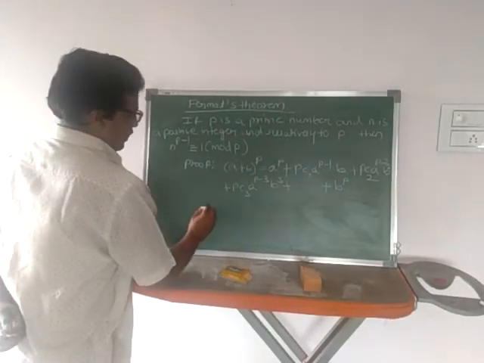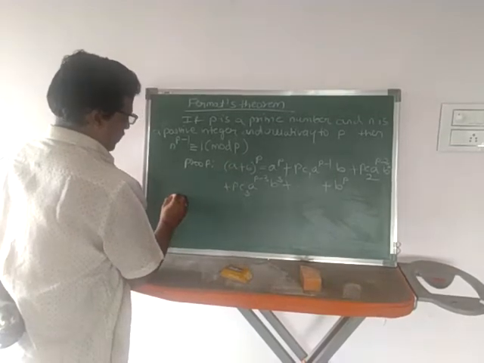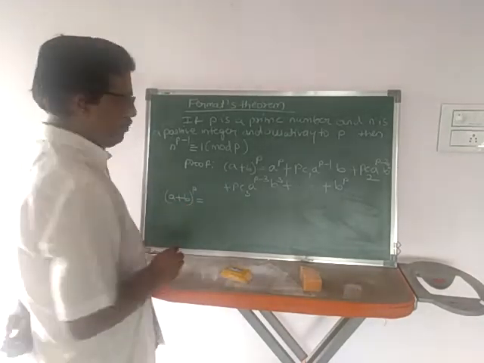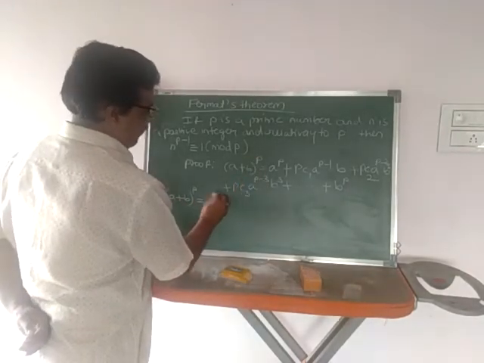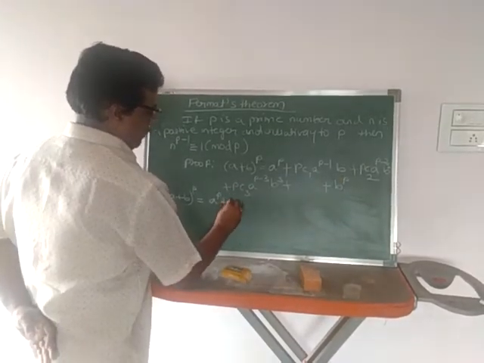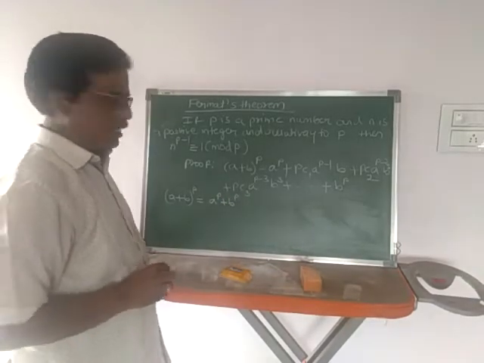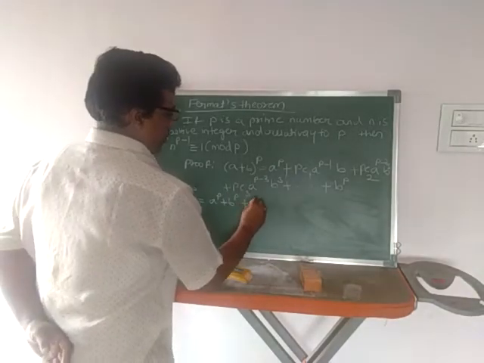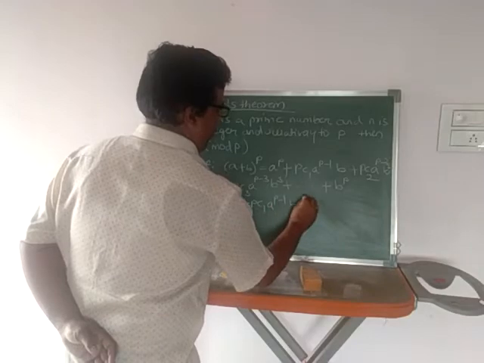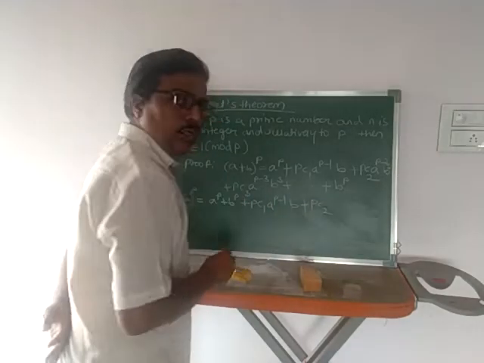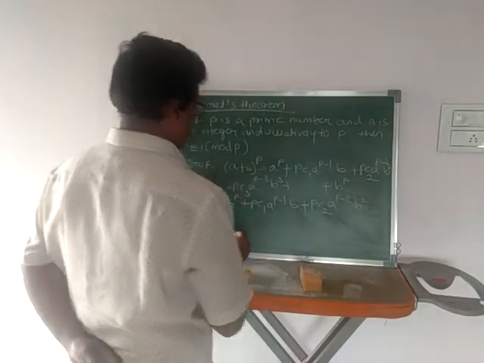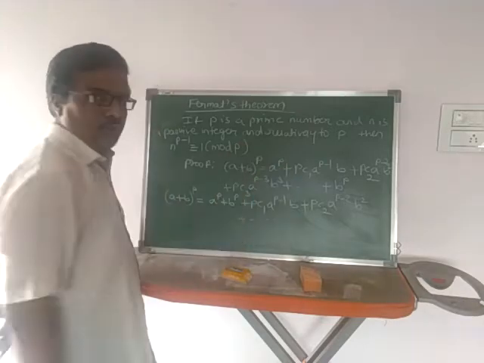Now (a plus b) whole raised to p is equal to, now what we do is write the first term a raised to p, and next take the last term, that is b raised to p, and write here a raised to p plus b raised to p, and write the remaining terms: pC1 a raised to p minus 1 into b plus pC2 a raised to p minus 2 b square, and so on.